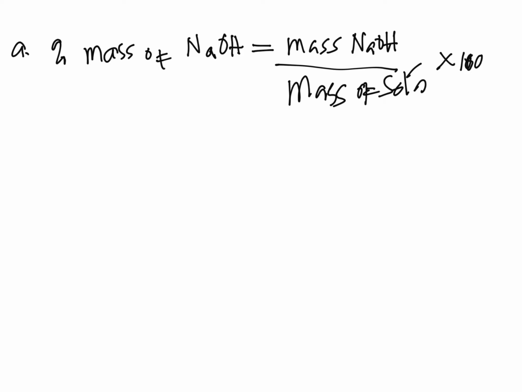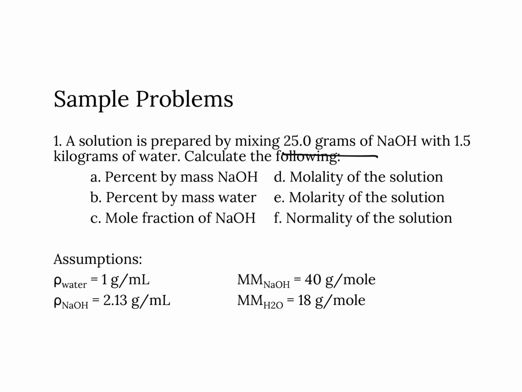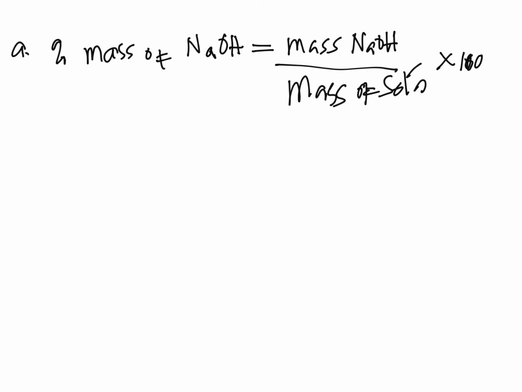So for the mass of sodium hydroxide, it's 25 gram. However, the mass of water is 1.5 kilogram. So we need to convert this into gram, in order for it to have equal units of measurement.